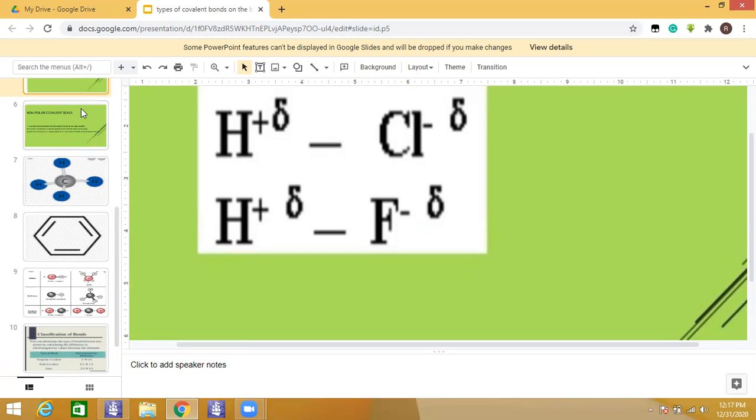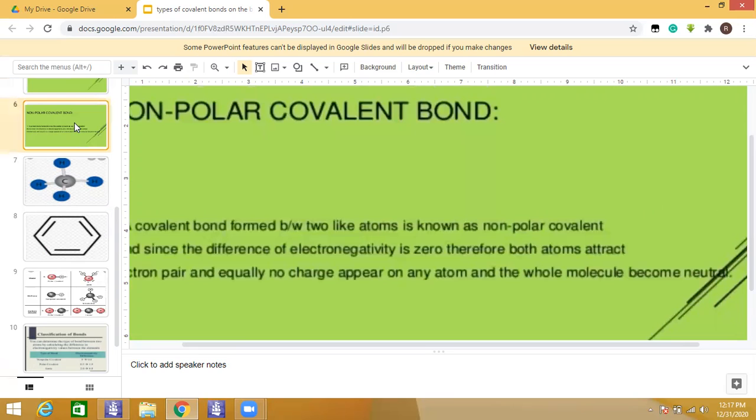Now the non-polar covalent bond. In non-polar covalent bonds, if the two bonded atoms have equal electronegativities, then the bonding electron pair will be shared equally between the two atoms. The electron density of the bonding electron pair is distributed equally and symmetrically between the two atoms.